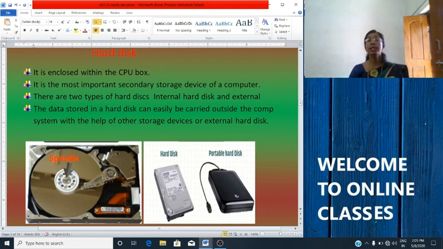The data stored in a hard disk can easily be carried outside the computer system with the help of other storage devices or external hard disk. Suppose the data stored in a hard disk can be transferred using a pen drive. Okay.